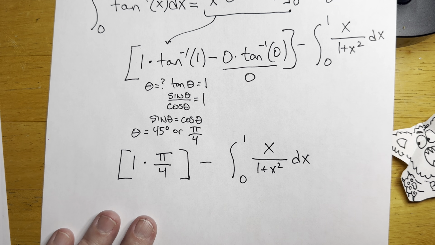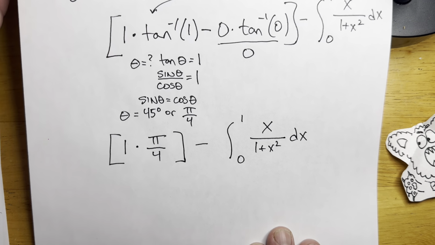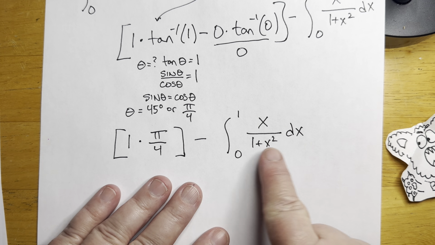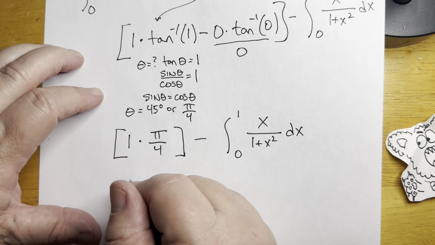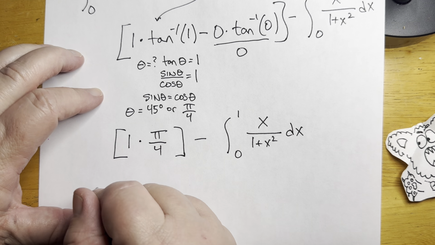And in fact, in section 7.3, we're going to talk about why we might bring trig back into it in cases like this. But that's coming later. For right now, what we want to do is just find the value of this integral. So we've got pi over 4 minus whatever this thing is.